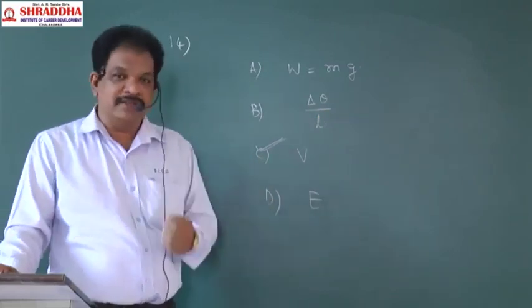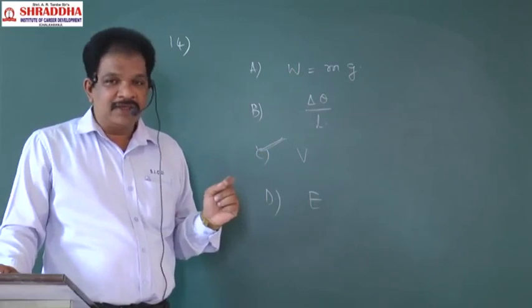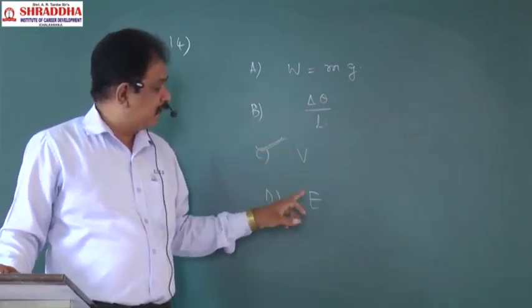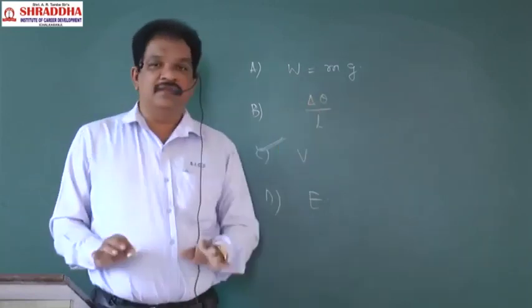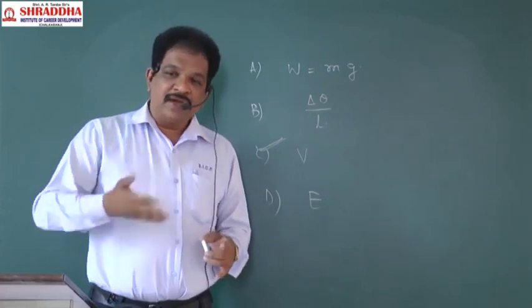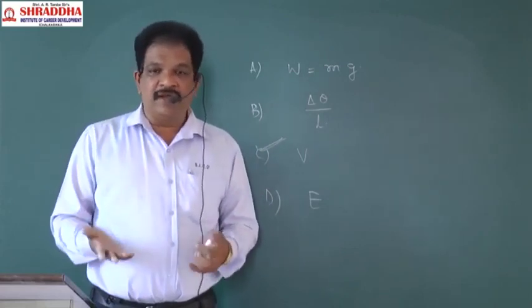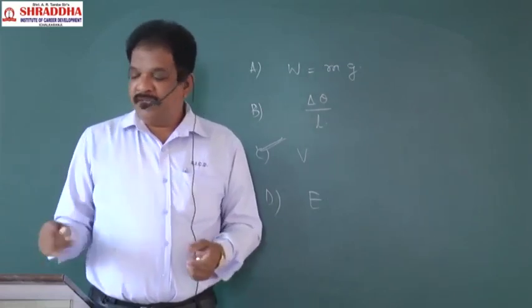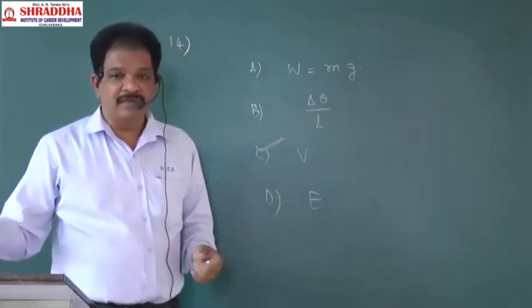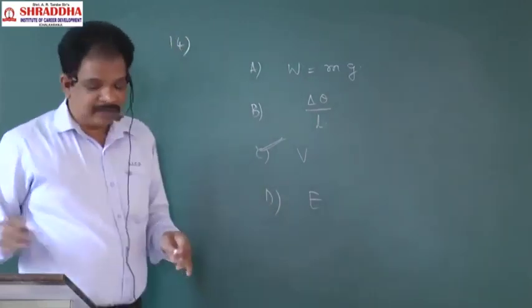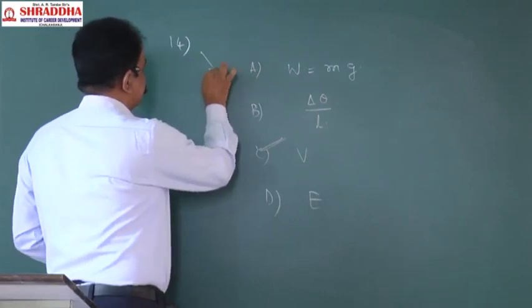All will come in the lessons. But at this junction of time, this is a scalar. Remaining all are vectors. If you remember that, it is more than enough. Gradually, on learning, you will easily be able to understand what are scalars and what are vector quantities. So 14, it will be C.